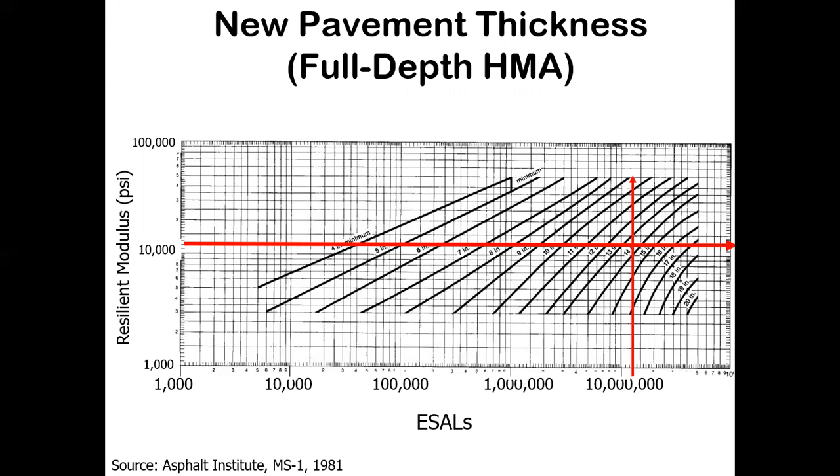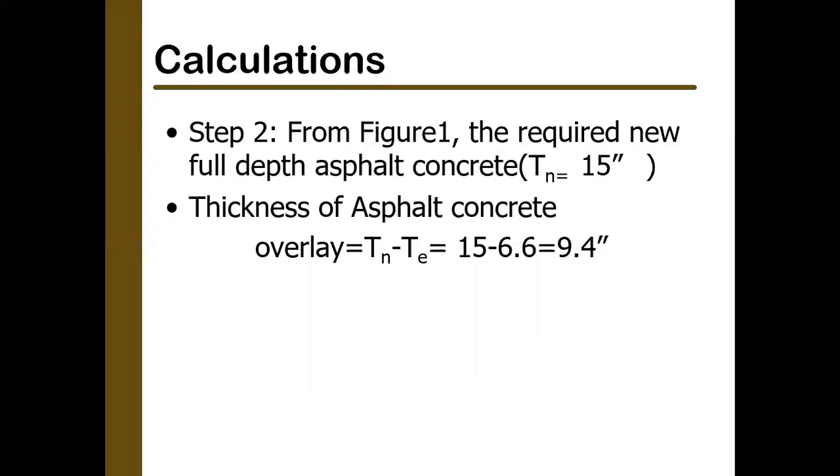So this is the new thickness required. Once you know the required new thickness according to the ESALs and resilient modulus value, you just subtract the effective thickness from the new thickness, and you'll find that the overlay is 9.4 inches.